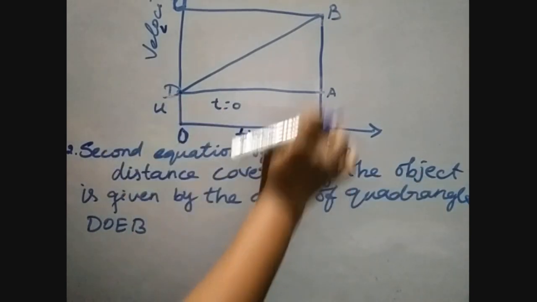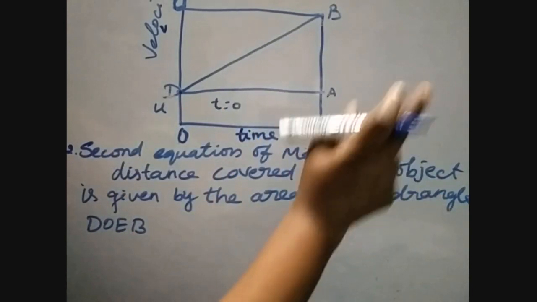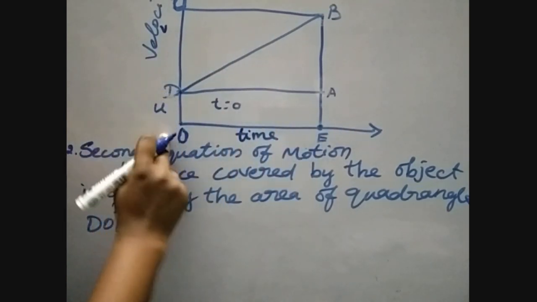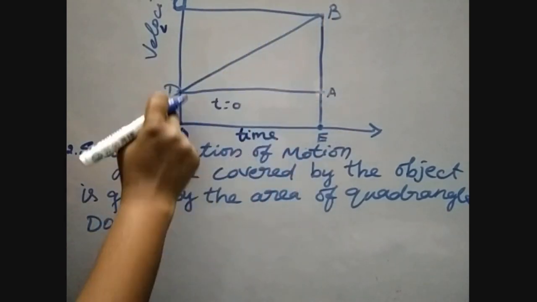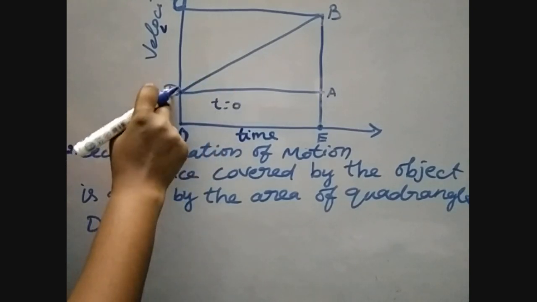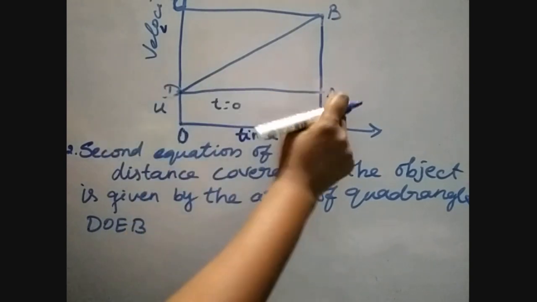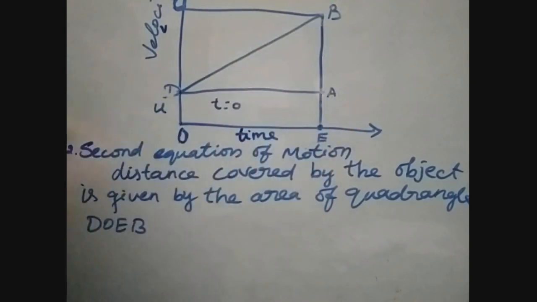A quadrangle has 4 sides, 1, 2, 3, 4. This quadrangle DOEB has 2 shapes. We can split this into 2: one is DOEA, which is a rectangle, and DAB, which is a triangle.